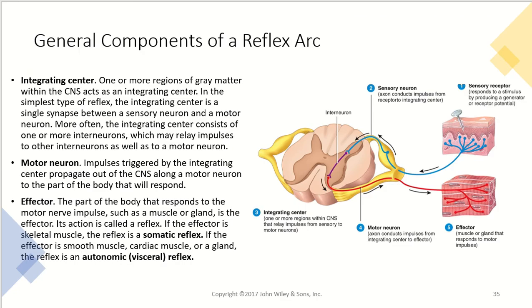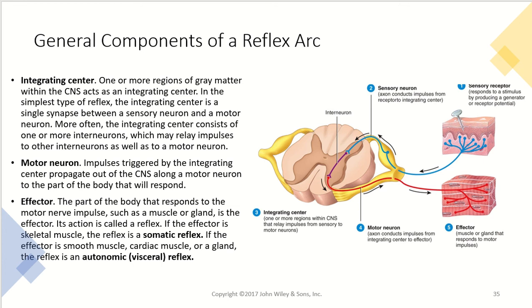Right? Our next part of the reflex arc is going to be the integrating center. And so this is going to be one or more regions of gray matter within the central nervous system that are going to act as an integrating center. So in the simplest type of reflex, the integrating center is a single synapse between a sensory neuron and a motor neuron.